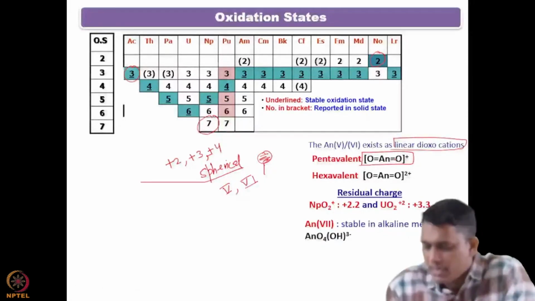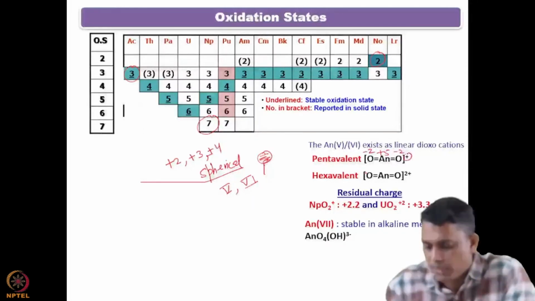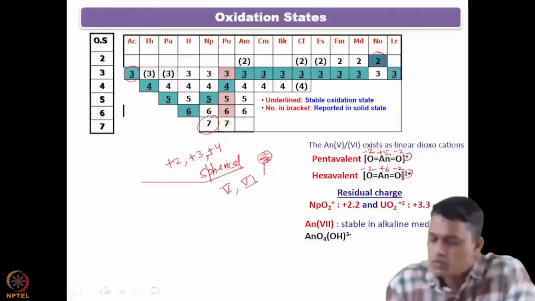So for the pentavalent, this actinide is obviously in the pentavalent state, so +5, and oxygen -2 twice, the total charge is plus 1. If you see the hexavalent, obviously +6 -2 -2, so the charge is 2+. So they exist as a linear dioxocation, but not all pentavalent ions.